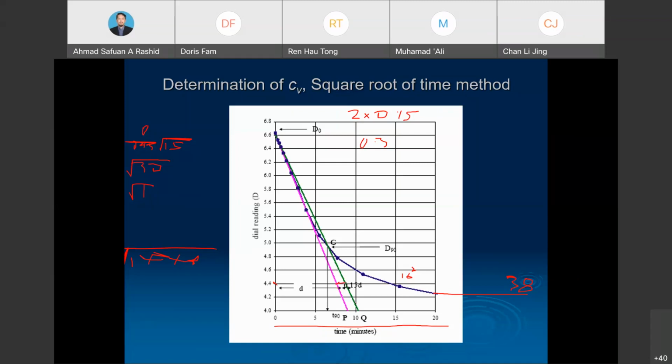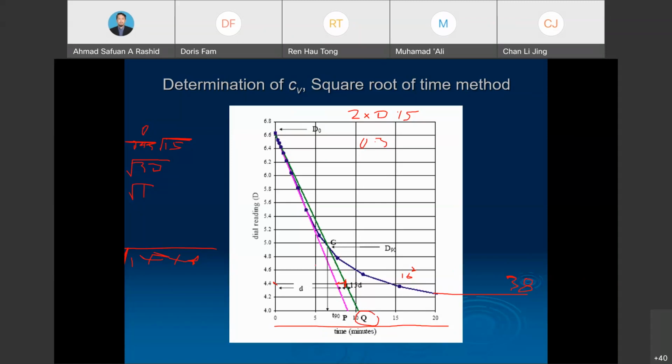Then we should draw another line from the origin of 0 until it touch the extension point, and up to the x axis, then they call as a Q. So this is P for the pink, Q is for the green.